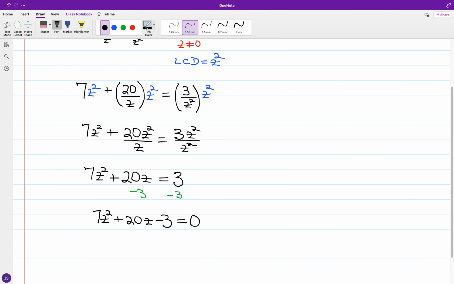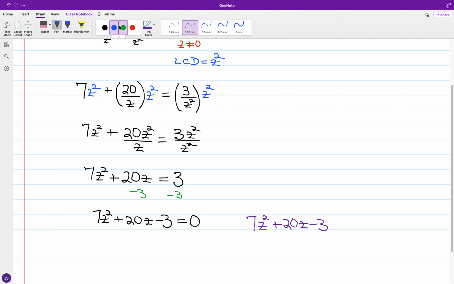Now, there are ways that you can follow through. This trinomial is factorable: 7z squared plus 20z minus 3. Factoring by grouping is a pathway forward.